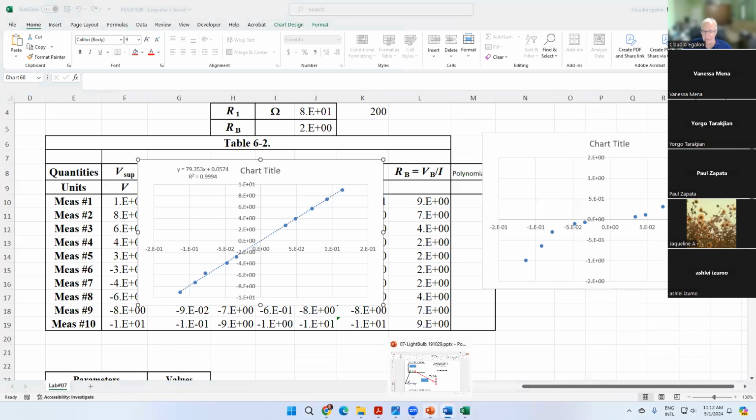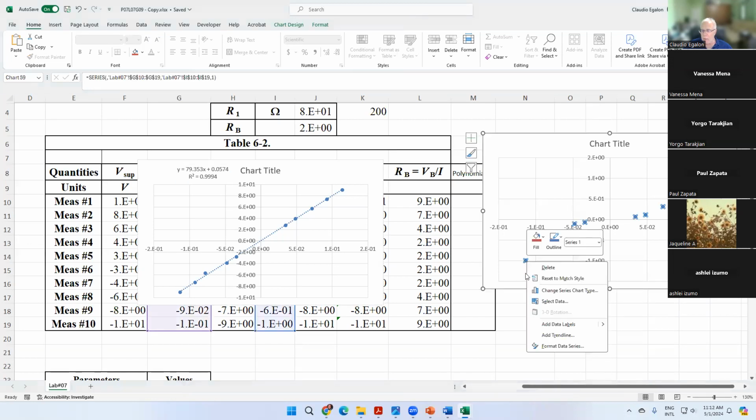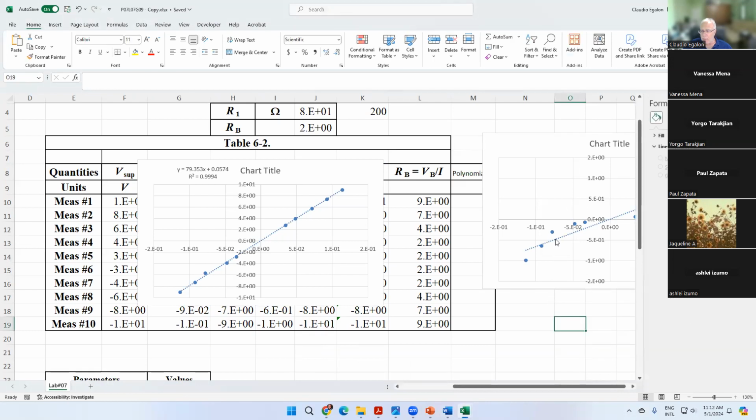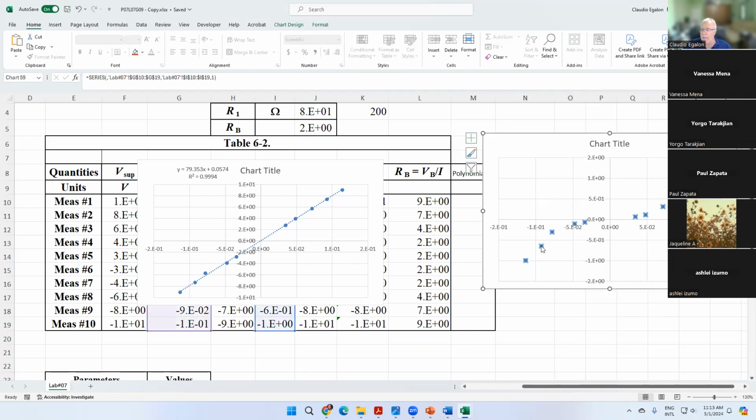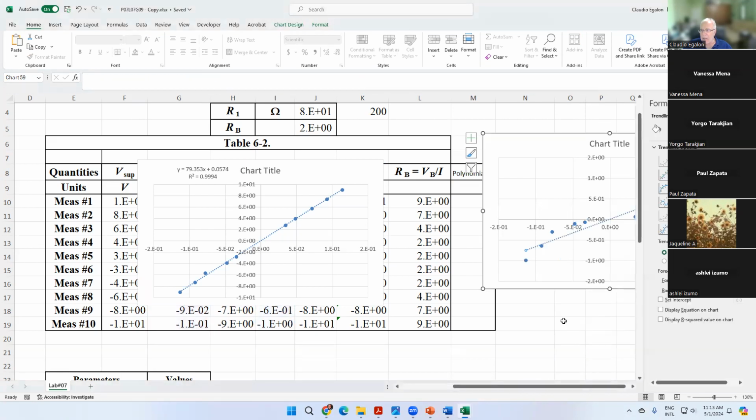And then what are you going to do next? You're going to fit a trend line for a third order polynomial. What do we do? Oops, not this one. Here you go. Let's start again. Close it. Okay, click on the data points, right click, add trend line, and now you're going to look not for the linear, not for the logarithmic, you're going to look for the polynomial and set the order to the third power.